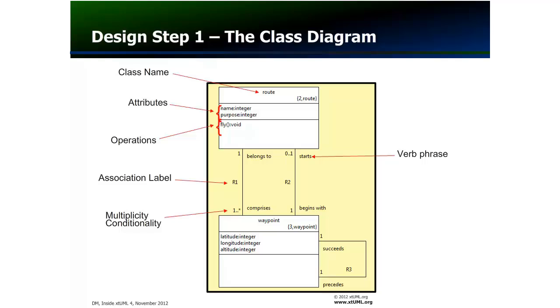In this example, we find a waypoint can exist and not be the start of a route. For the current example, the first waypoint is related to a route across association R1 and R2, while the rest are related across only R1.